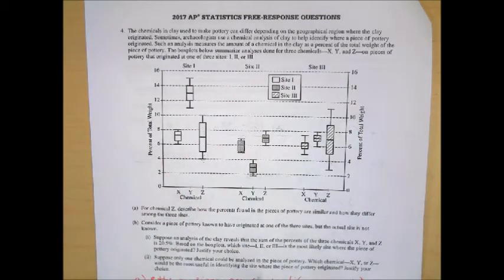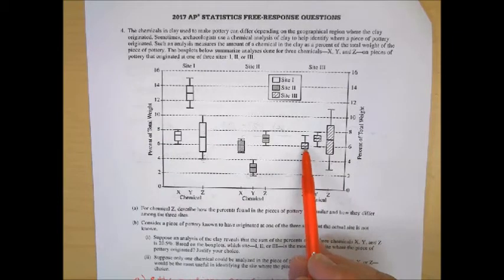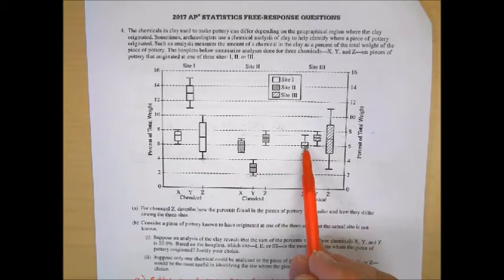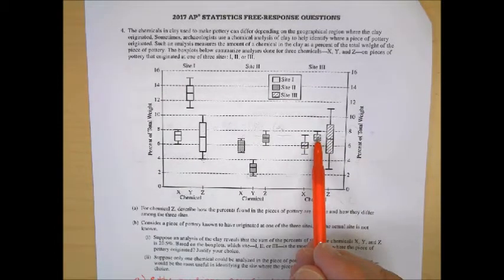Site 2 doesn't really seem right either, but if you look at site 3, the median is exactly 6 for chemical X. It's a little bit more than 7 for chemical Y, so I called it 7-ish.